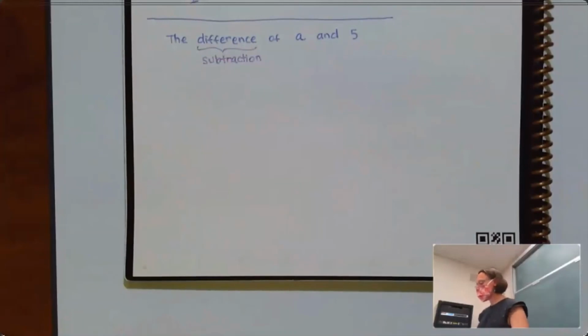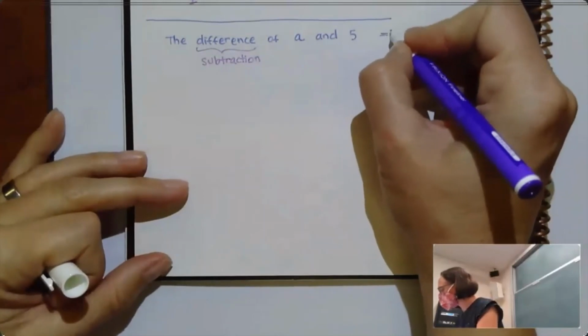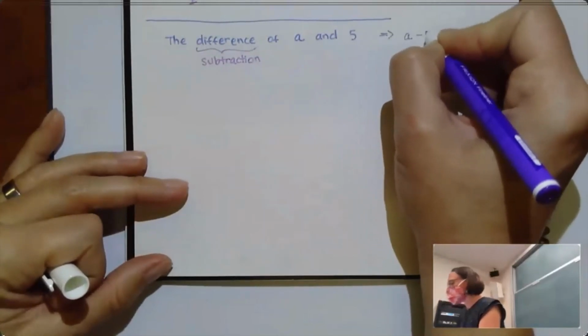And if I were translating this, the difference of A and 5 would translate as A minus 5.